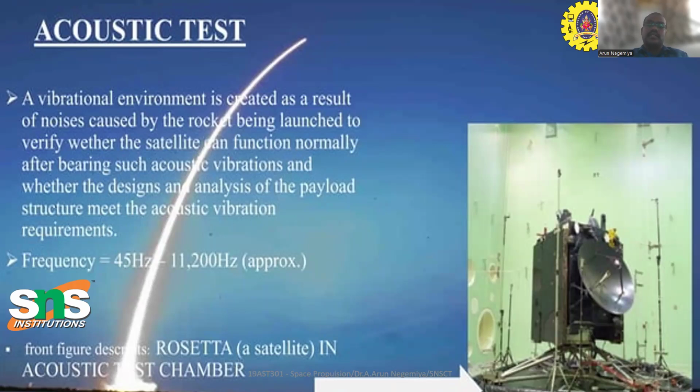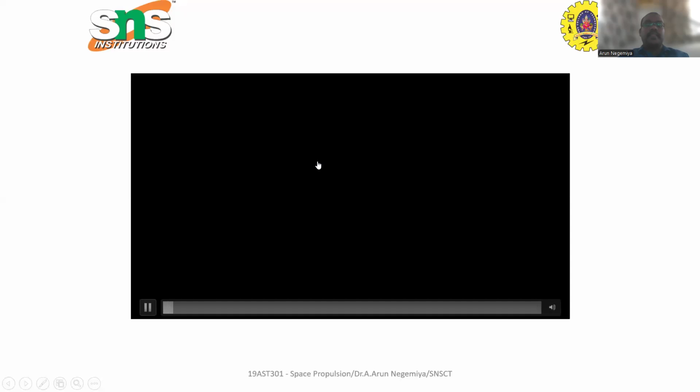You can see that figure. It is a satellite, and it is fitted inside the acoustic chamber. The test is done inside the chamber. This is a video of an acoustic test.